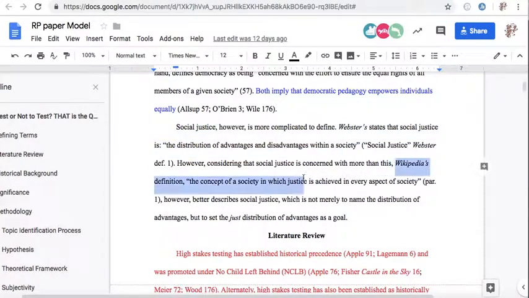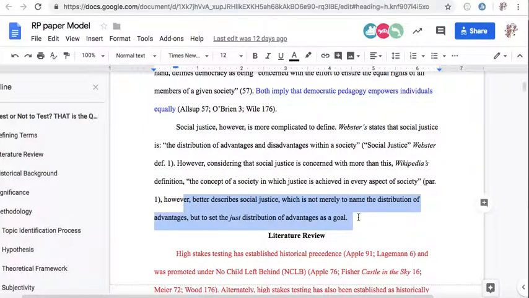So then I went to Wikipedia and gave their definition, and I justified why that definition was better. This is the one time when you can get away with a less credible source, because as the writer, you can stipulate what definition you are using for your argument. But you have to have shown that you did your homework and it's a credible source first.